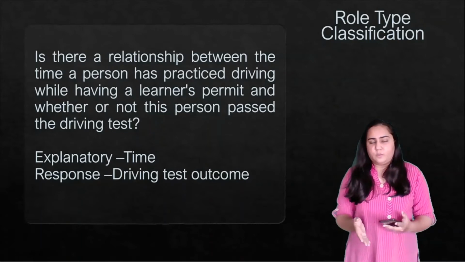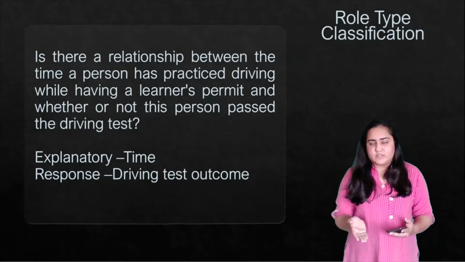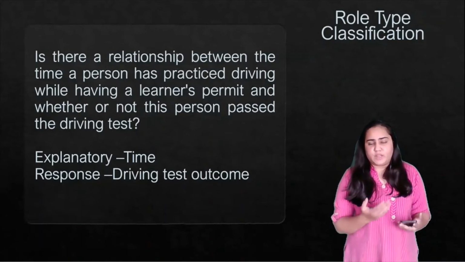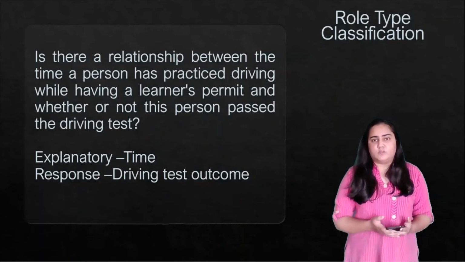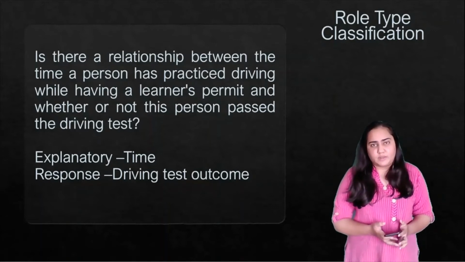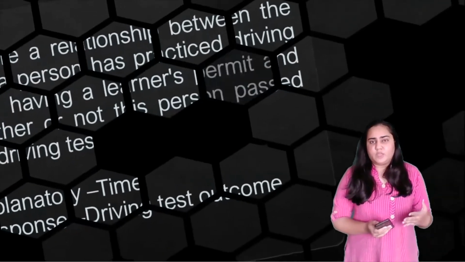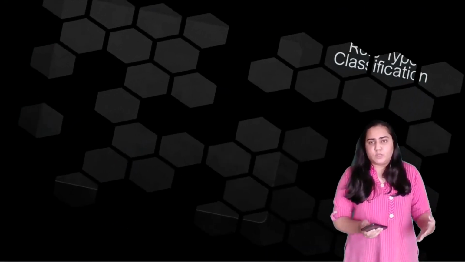And whether or not the person is going to pass the driving test is something you're going to predict or find out the relationship. So that's why the driving test outcome is the response variable or the dependent variable.